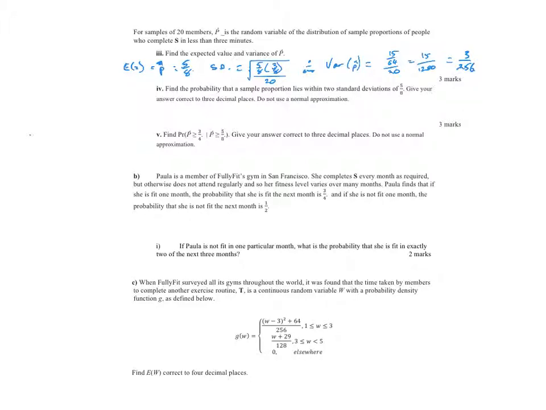Obviously, we've got a calculator, so make use of it. So that's my variance, remember. So when we have to get onto our standard deviation, we'll get a square root of that.